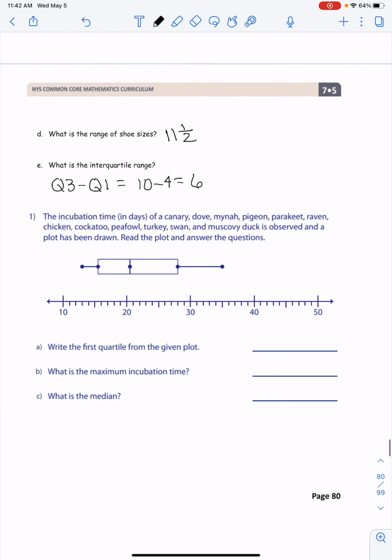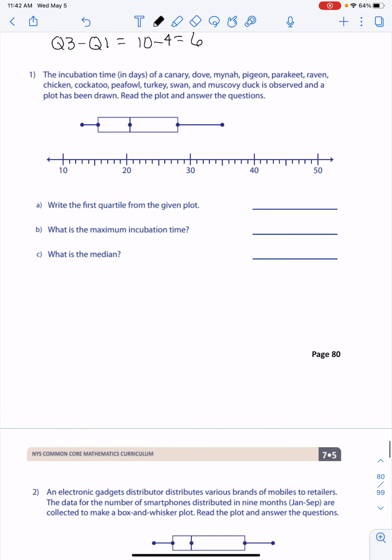So our next question says, the incubation time in days of a canary, dove, myna, pigeon, parakeet, raven, chicken, cockatoo, peafowl, turkey, swan, and muscovy duck is observed and a plot has been drawn.